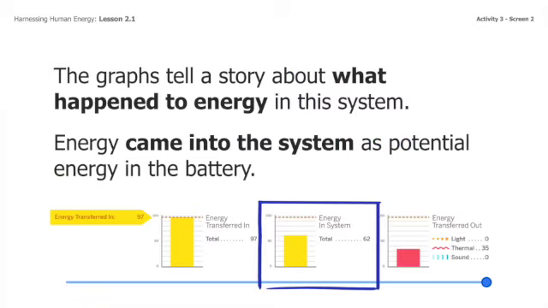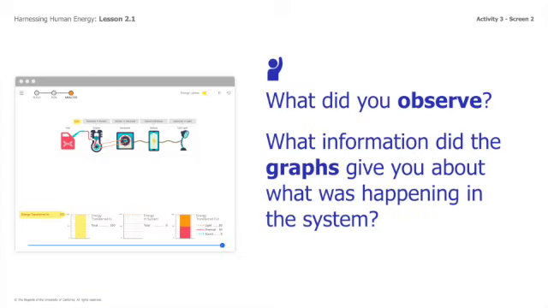Eventually, when the light is turned on, there would be light energy and thermal energy being released from the system. But the energy that's out is the same amount of energy that's put in. So 100 came in on this graph.